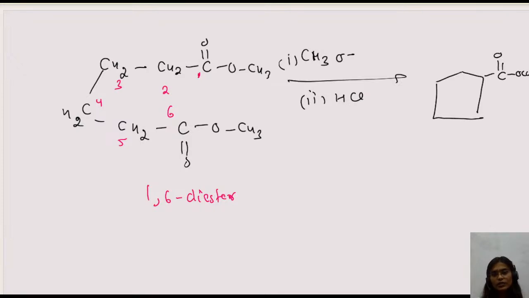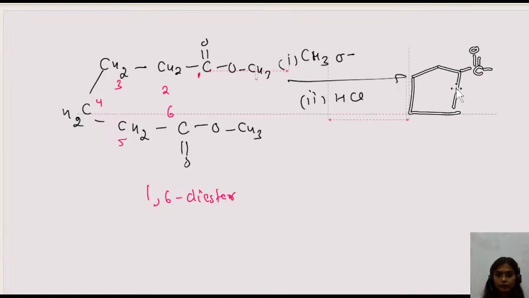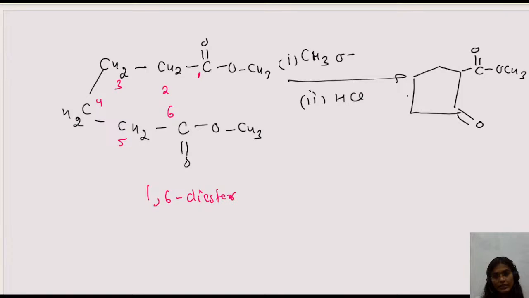It's an OCH3 group and a double bond. With respect to this carbon, this is alpha, this is beta. So it's a beta keto ester.